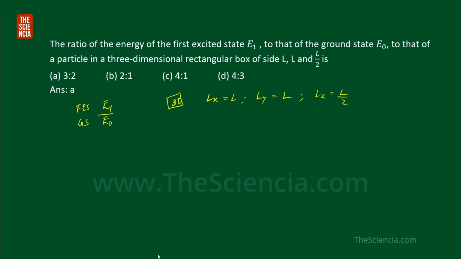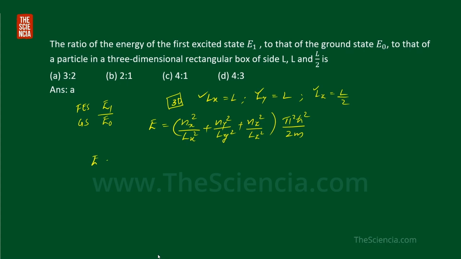So we know the energy of a 3D box, that is E equal to nx square by Lx square plus ny square by Ly square plus nz square by Lz square, into pi square h square by 2m. This is the general formula. Here in this given question, we have to substitute the Lx value, Ly value and the Lz value.